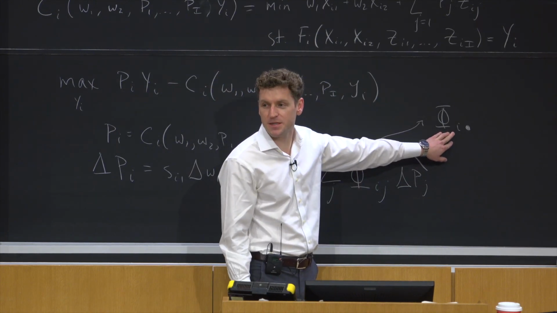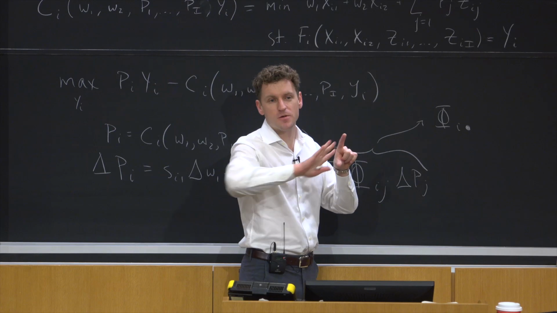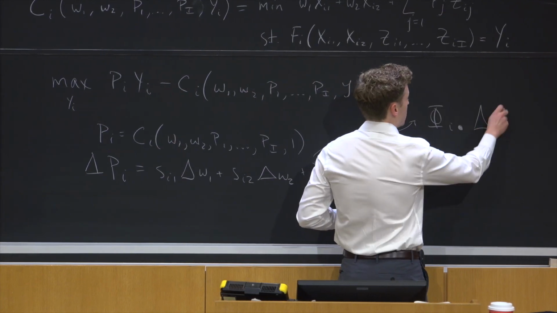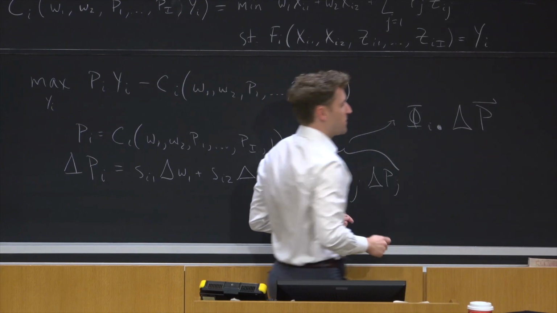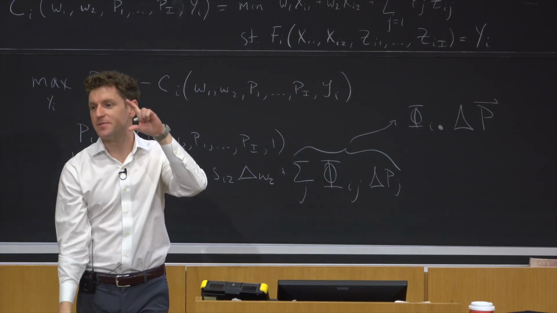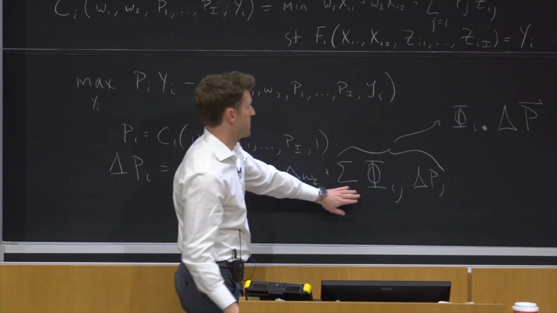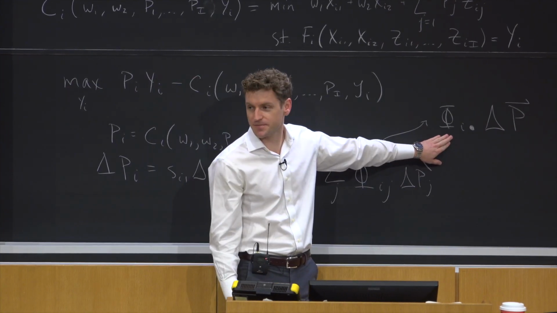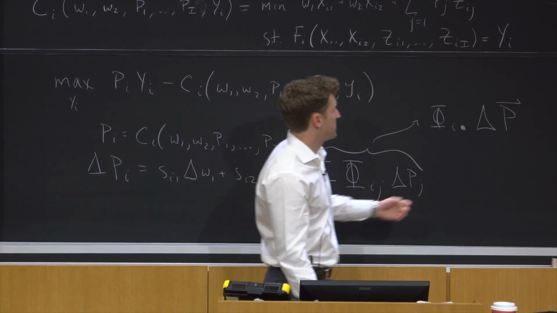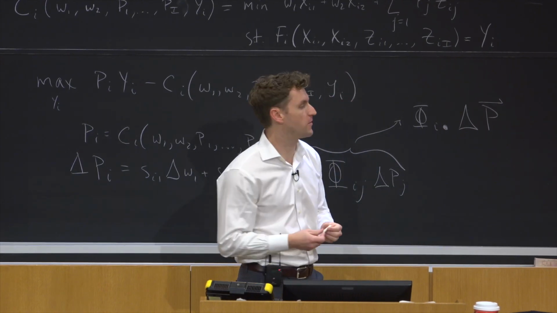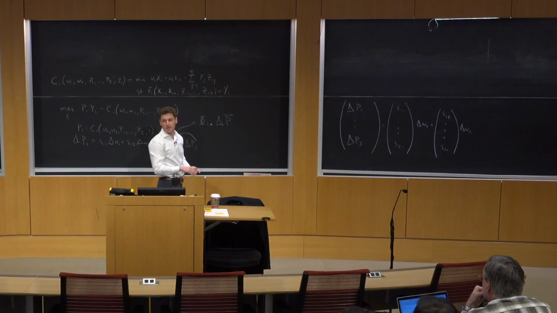So we have this big matrix phi. We're taking the ith row, all of the columns. It's now a row vector. And we multiply that by the change in the whole vector of prices, which by default is a column vector, we'll say. So is that clear to everybody how this is the same as that? So now in the same way, this vector object is not something that's different for any industry, so it can go to the right just as those delta W's did.